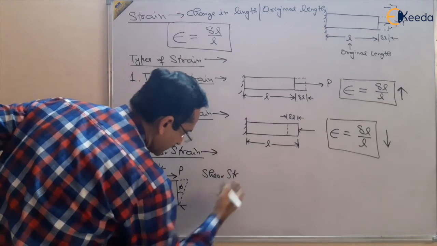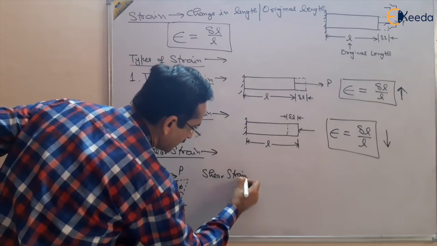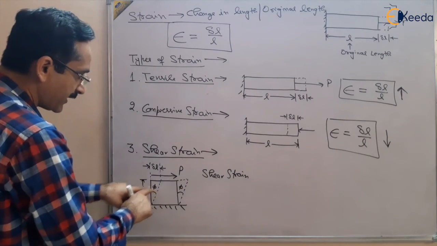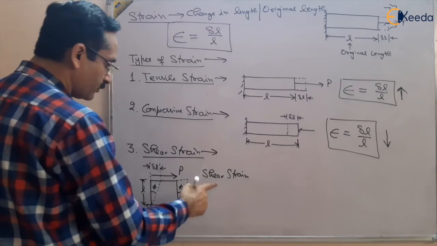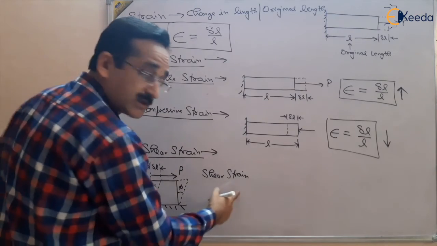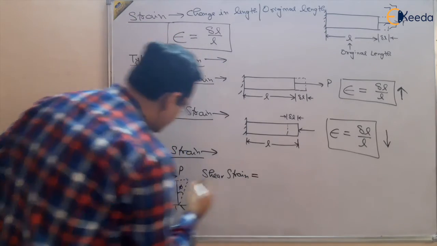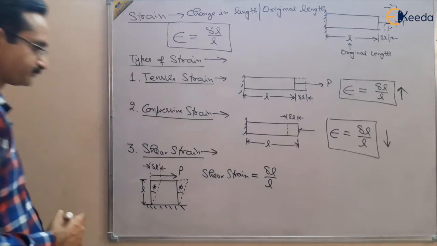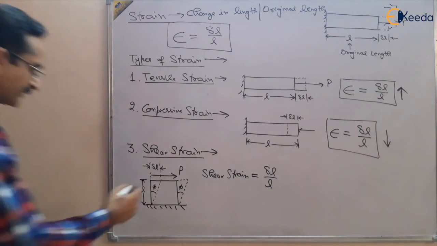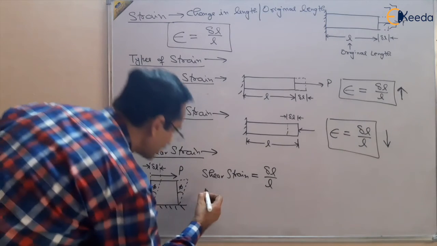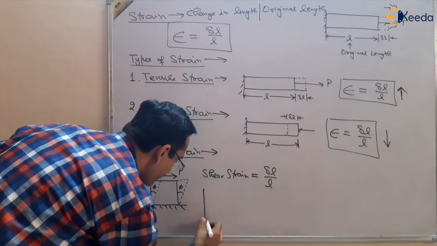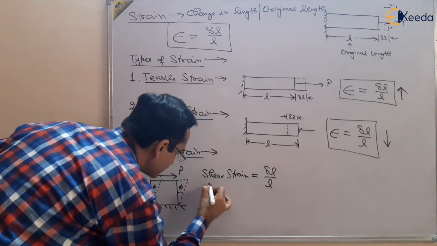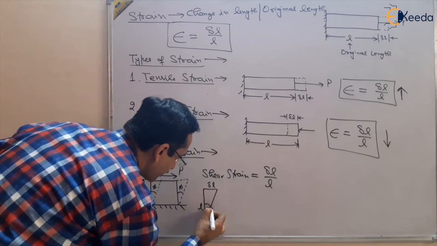Later in this lecture I will show how shear strain is symbolized by this phi, but I want to show you how this phi is coming. So shear strain will be equal to change in length delta L upon original length L, right? In this figure, this is L, this is delta L, and this is phi.